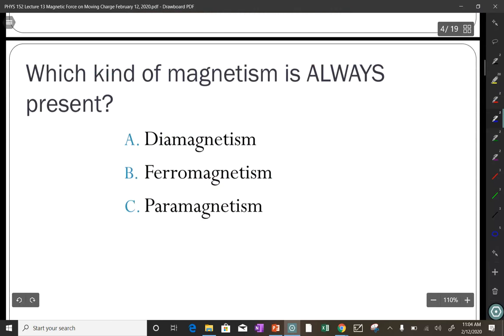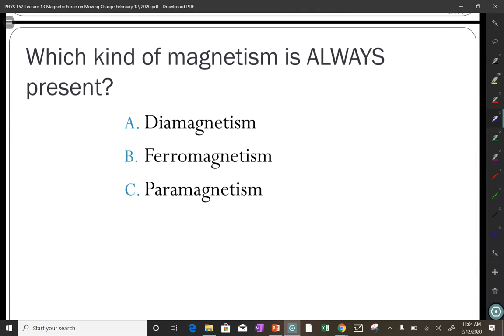Okay, now hopefully, yep, all 10 people are in. Question number 1. Which kind of magnetism is always present? These are the 3 types of magnetism. There's no distractor.